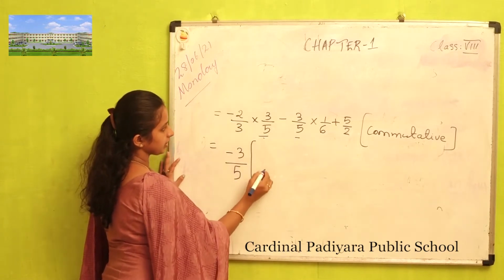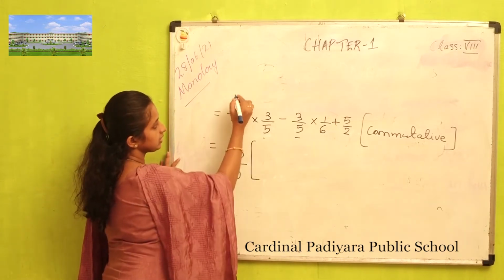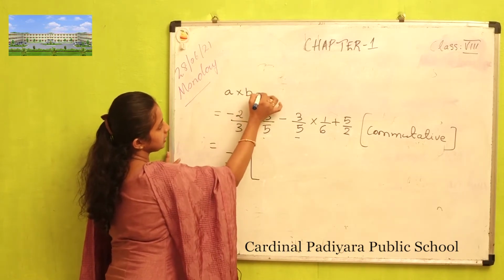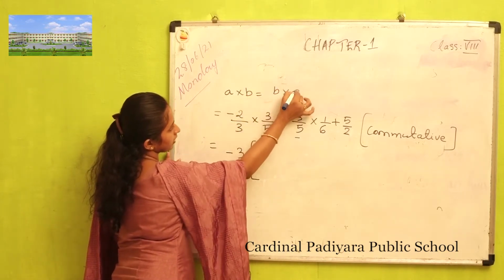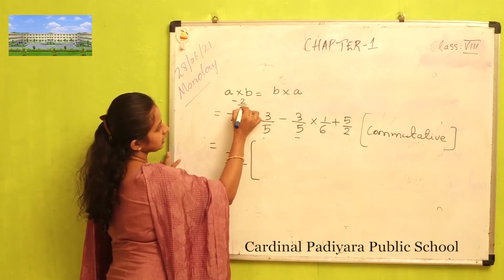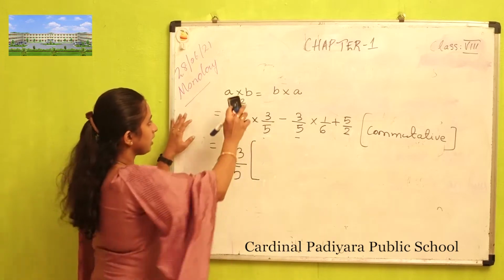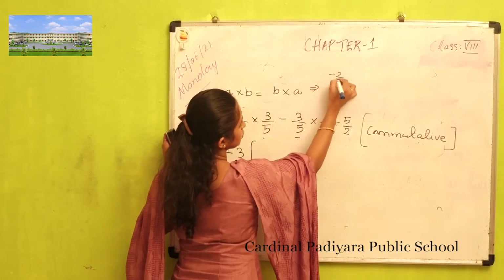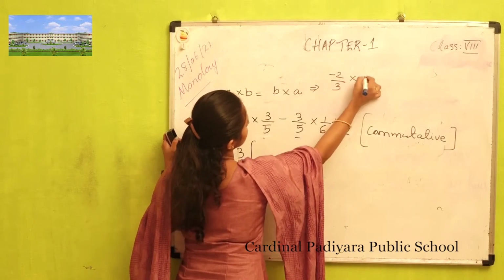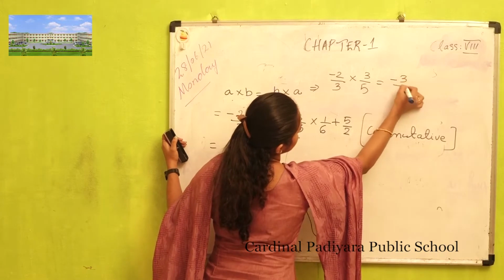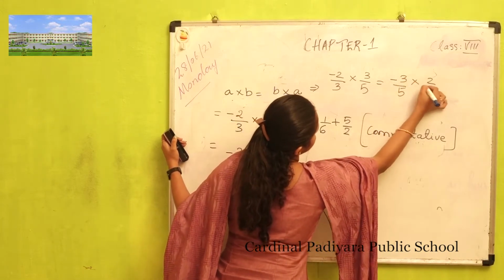Now the remaining number is this negative, that is A into B can be written as B into A. So negative 2 by 3 into 3 by 5 can be written as negative 3 by 5 into 2 by 3.